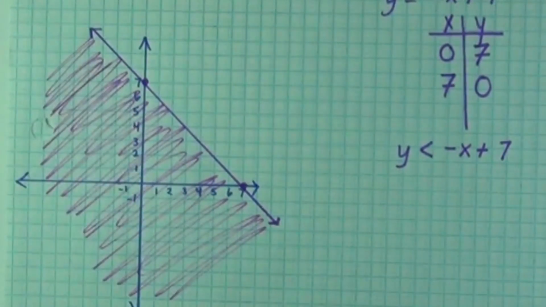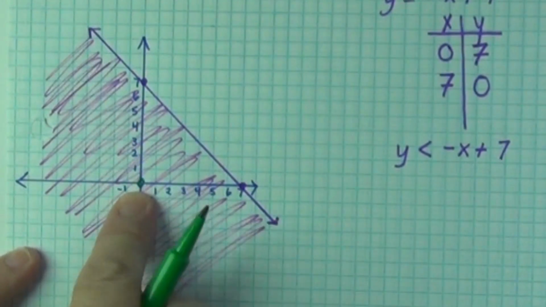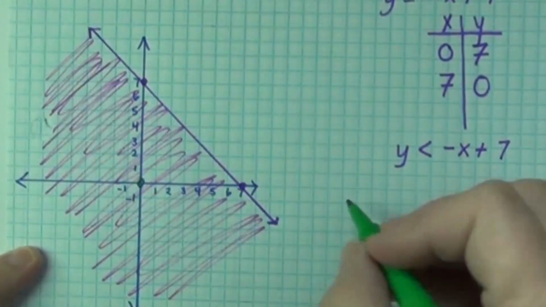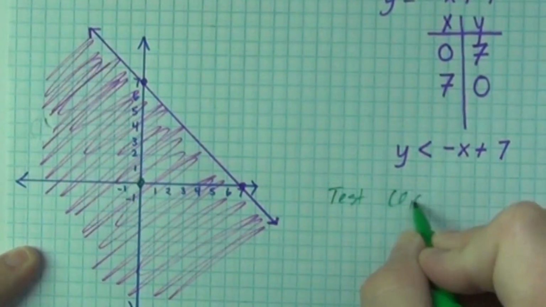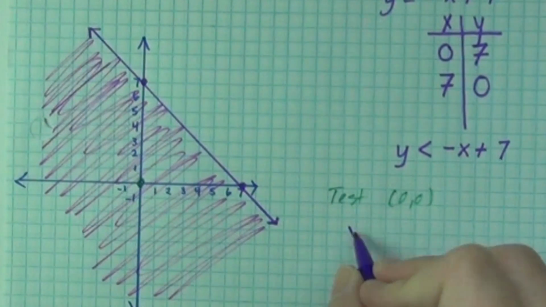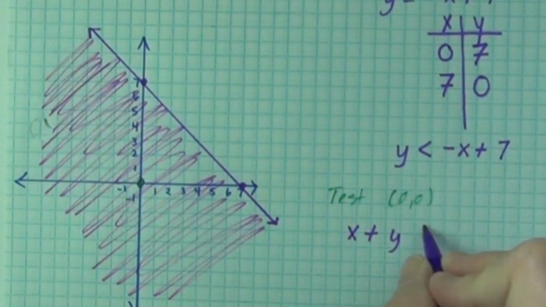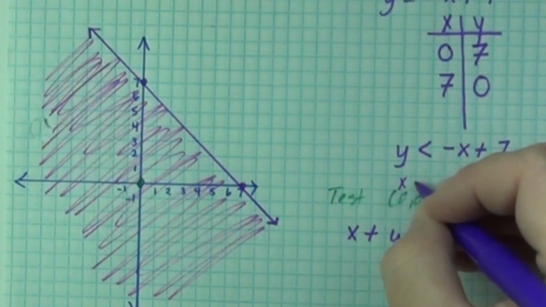Okay? But let's go ahead and do what's called a test point and make sure that it works. One region that we say works, one point in this region, is 0. So I'm going to use the test point 0, 0. And to test this, I'm going to take my original equation, x plus y is less than or equal to 7, and put in my test point. That means x is 0 and y is 0.